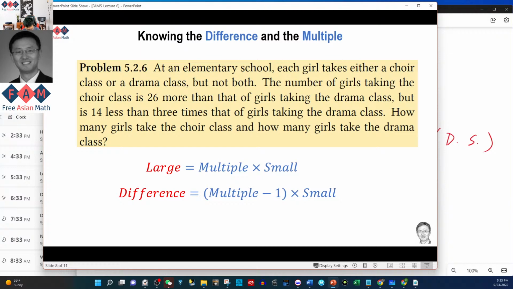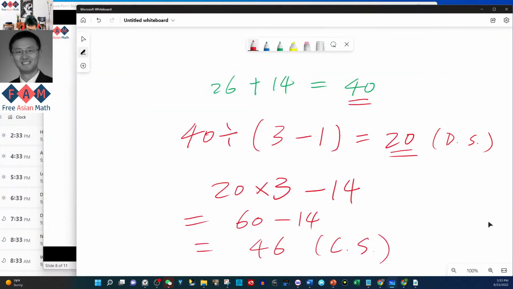In this case, we know the difference and the multiple, and we still can figure it out. Also in this problem, there's one more intermediate step. After getting that, we have to reverse that step, which is reflected right here. We have to subtract 14 because that's how we actually converted it into a standard difference problem.